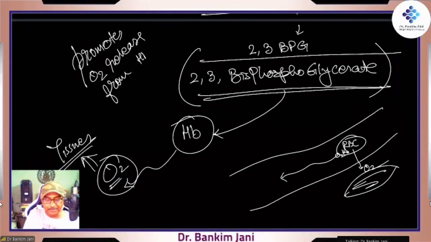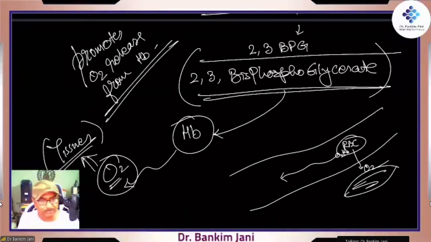And the logic tells that this oxygen release from hemoglobin is needed when you are near the tissues, so that tissues can use it. Fair enough, right? So that's why the function of 2,3 bisphosphoglycerate is to increase oxygen delivery to tissues.